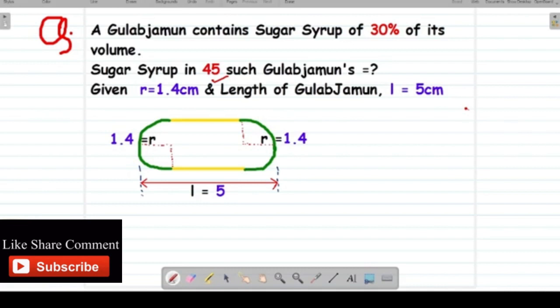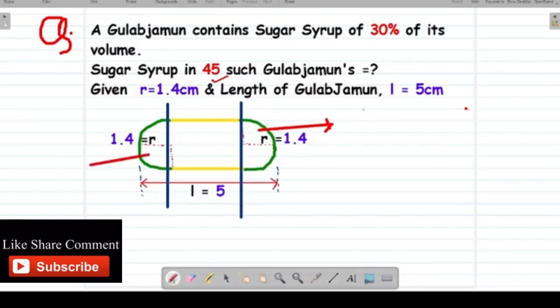First you need to understand this shape very clearly. You can see this shape is divided into, basically, three parts. First, you can divide this shape from here: to the left of this line, that's a hemisphere. Similarly, to the right of this line, you can see a hemisphere.